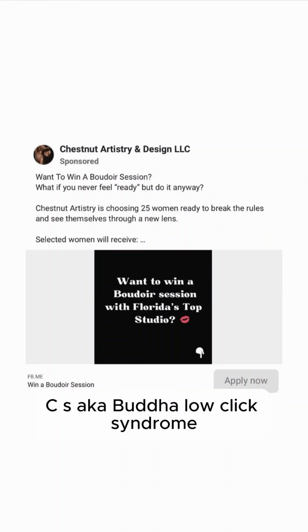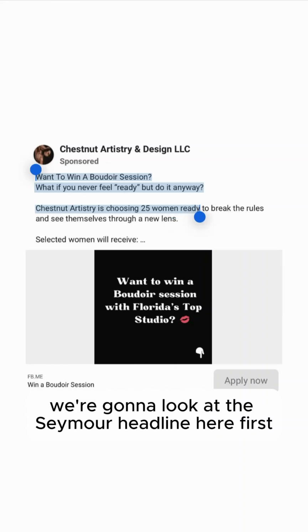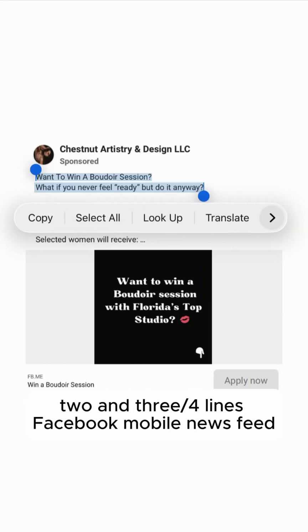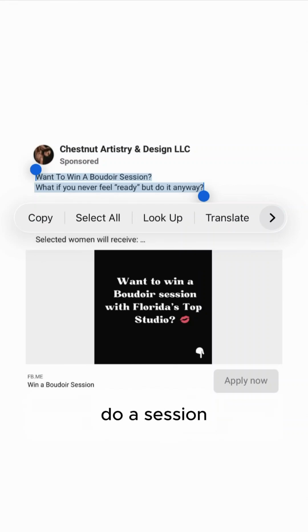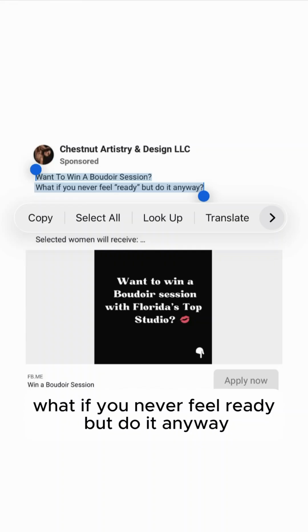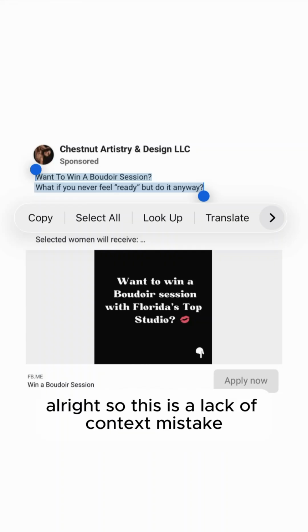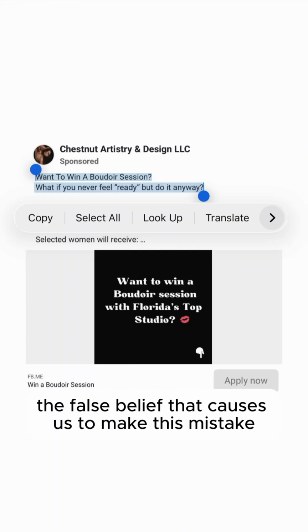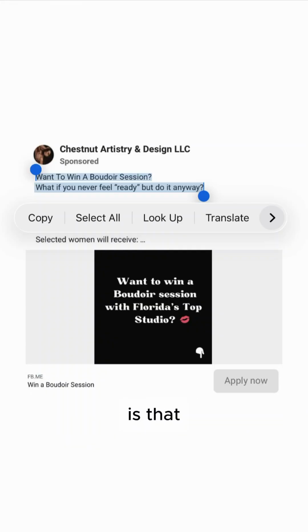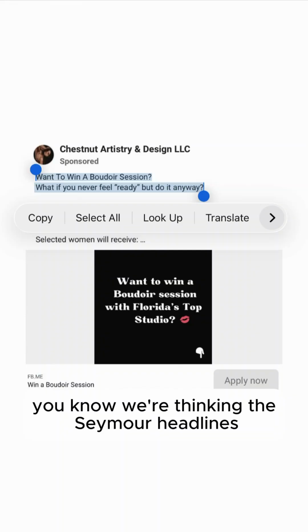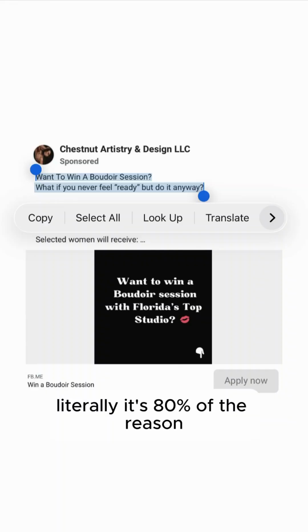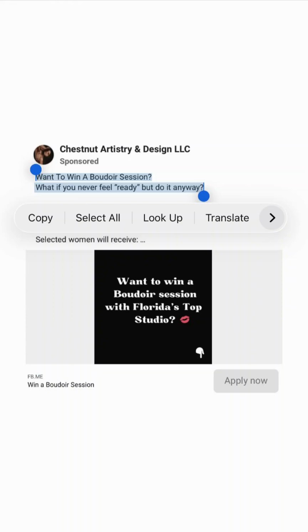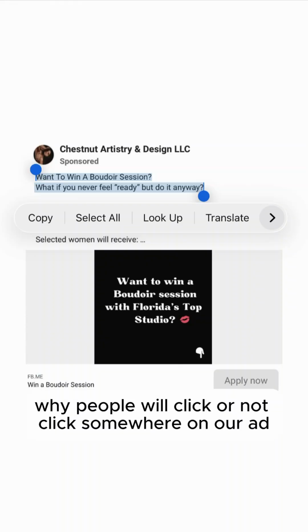Finally, we're going to look at the see more headline here. First 2 3/4 lines, Facebook mobile newsfeed. We're only using 2 lines here. 120 Boudoir session. What if you never feel ready, but do it anyway? All right, so this is a lack of context mistake. The false belief that caused us to make this mistake is that we're thinking the see more headline is kind of willy-nilly, when in fact, literally it's 80% of the reason why people will click or not click somewhere on our ad.